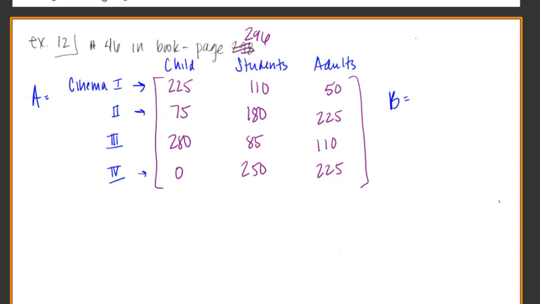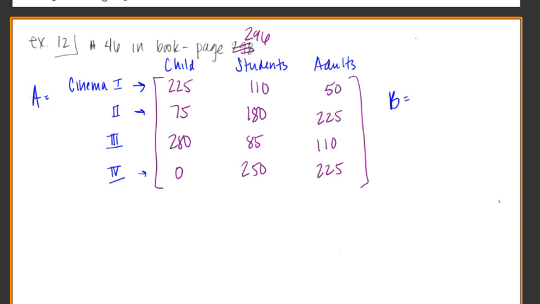Or if it has just one column, let's say a 5 by 1, then that's also a vector. So if you ever have just a single row or a single column, they usually call them vectors. In this case, since it's a column vector, it's just one column up and down. It wants us to write a column vector B representing the admission prices. The admission prices for children is $4, $6 for students, and $8 for adults.